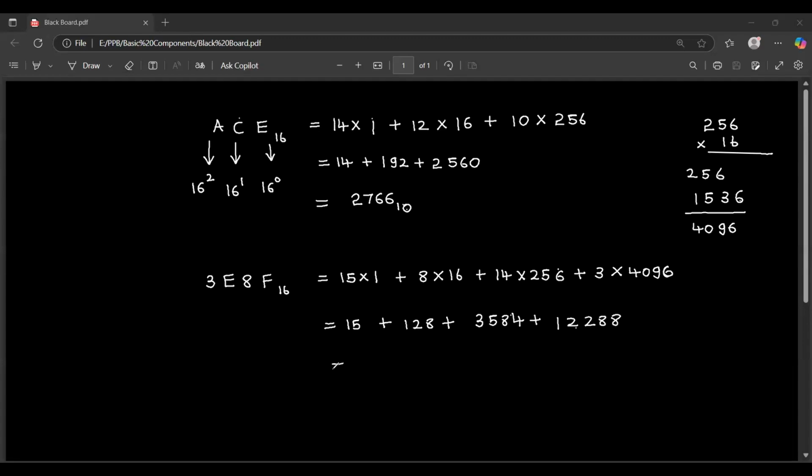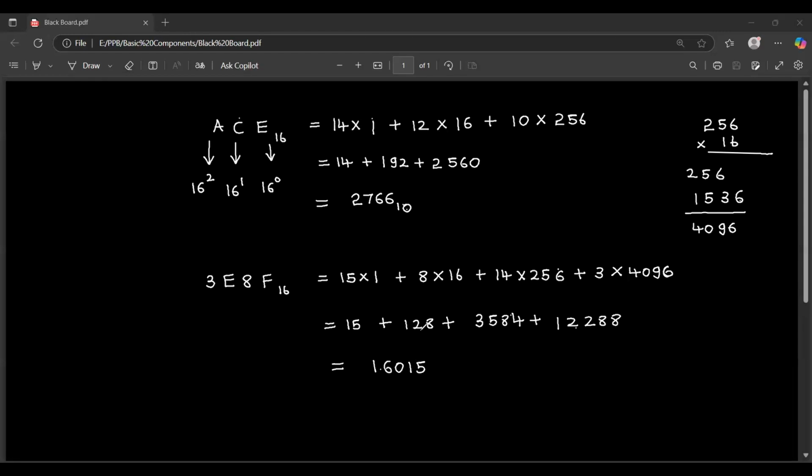So if I add all this, I will get, I think, 16015. Shall we check?